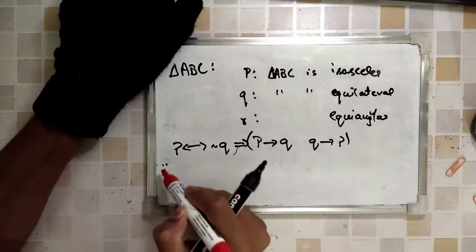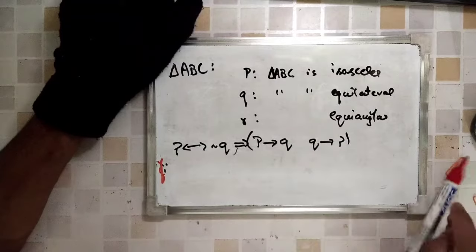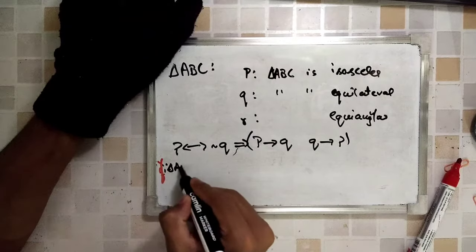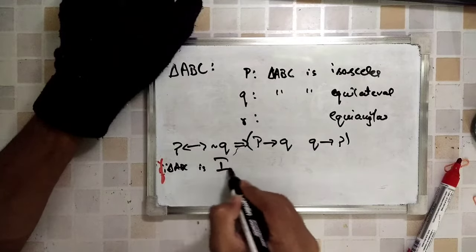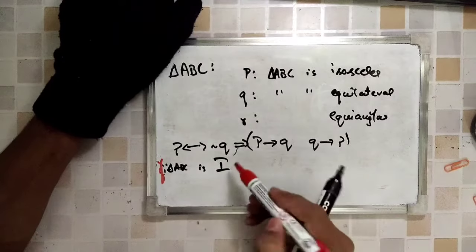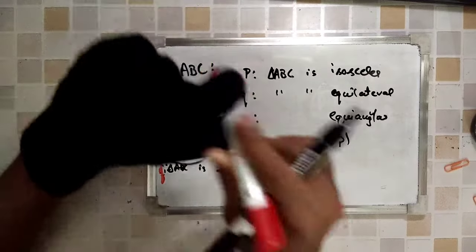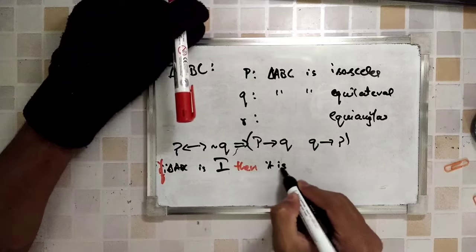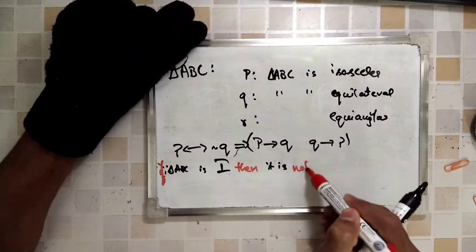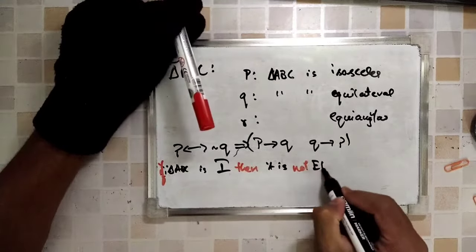Okay, if triangle ABC is isosceles, then it is not equilateral.